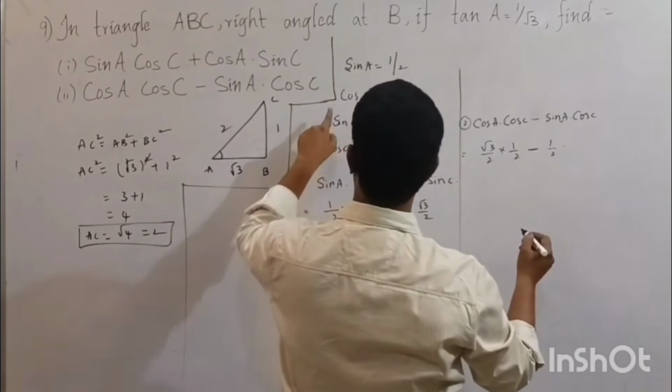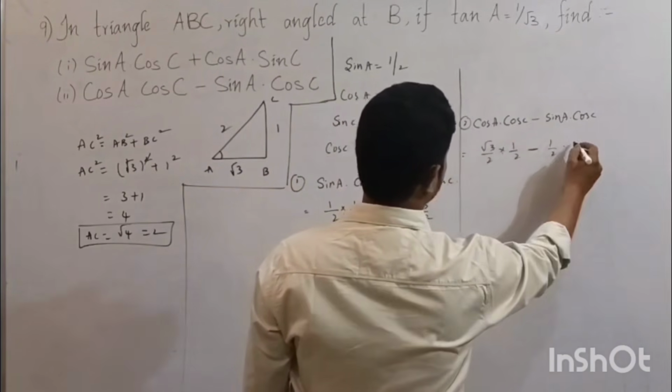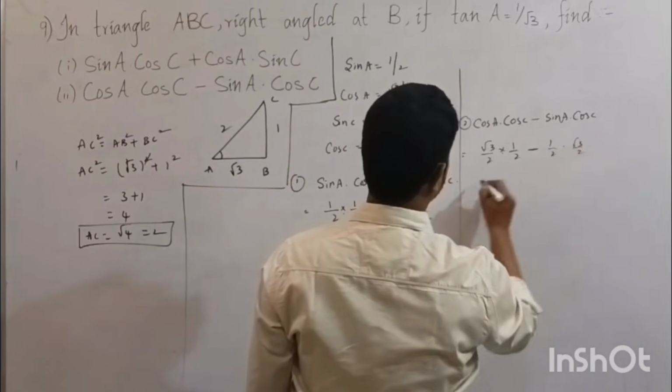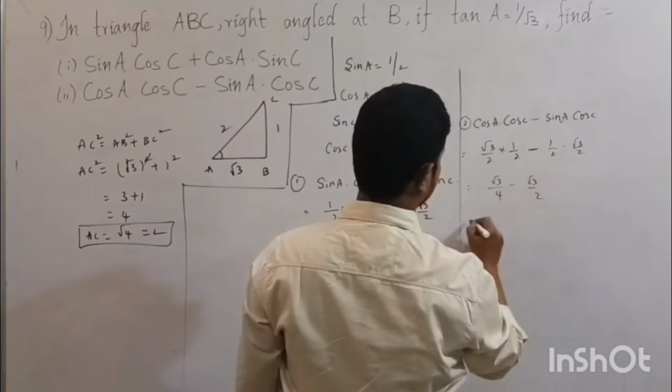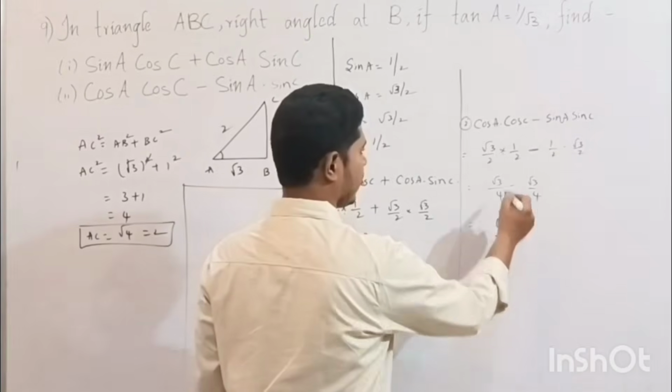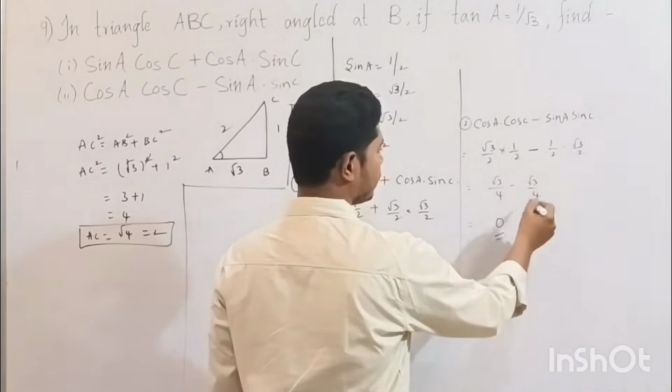That is equal to root 3 by 4 minus root 3 by 4, which is equal to 0.